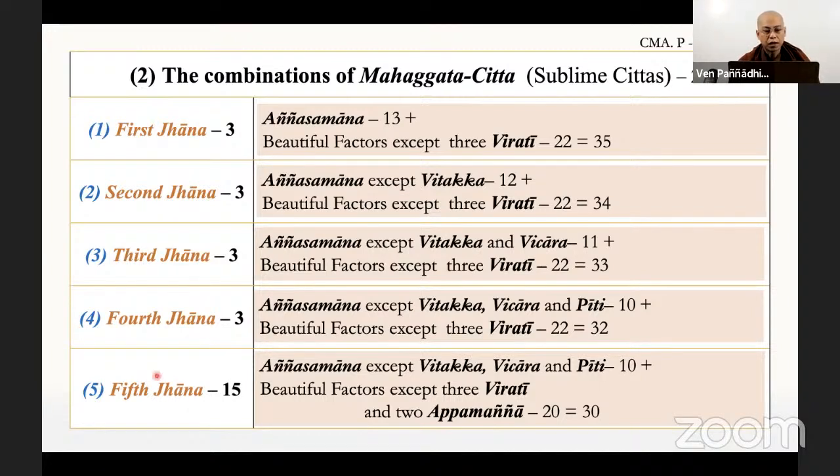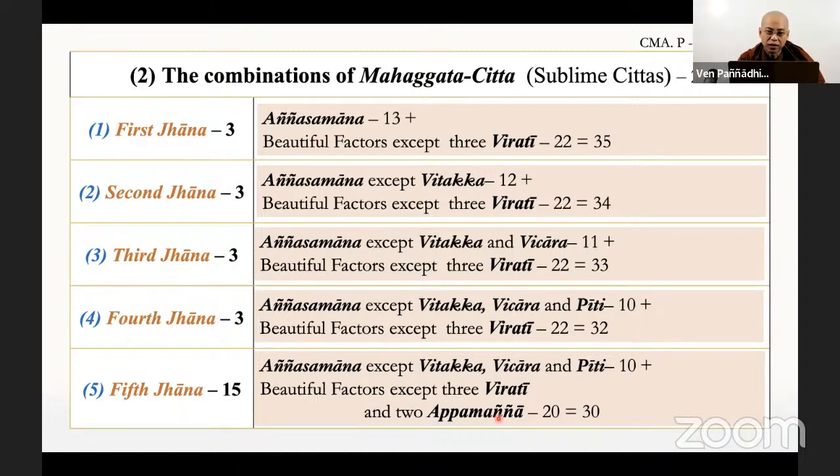But in the fifth jhana, Appamanya cannot associate. Can you give the reason why? If you take Appamanya as the object of meditation, you can only attain up to the third jhana. You cannot attain the fourth jhana. For the fourth jhana, you can only take Upekkha as the object.